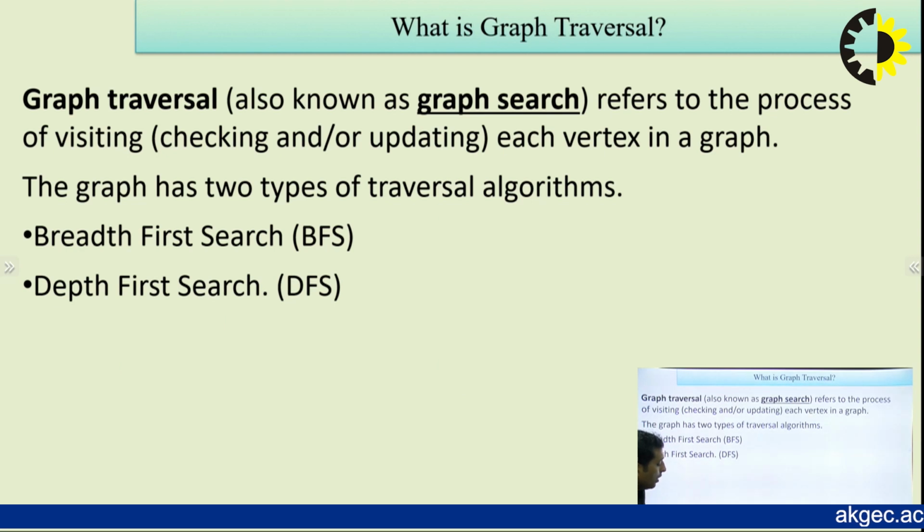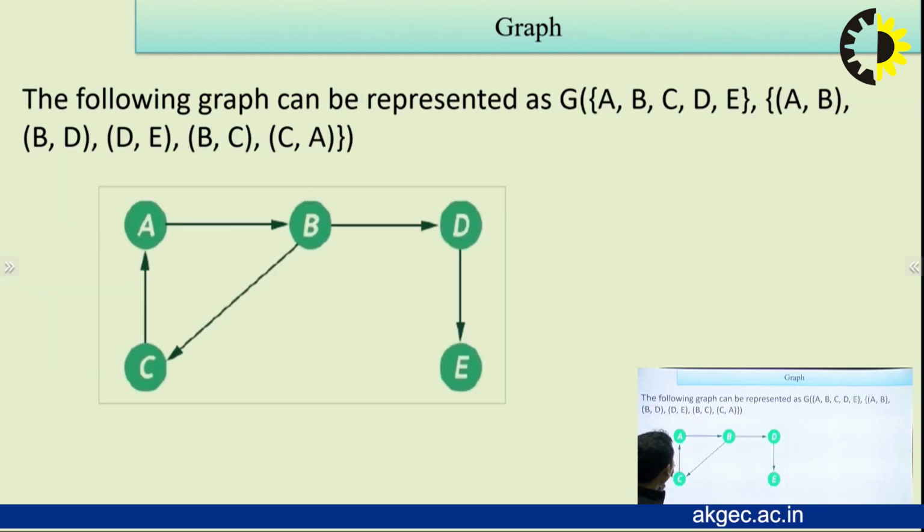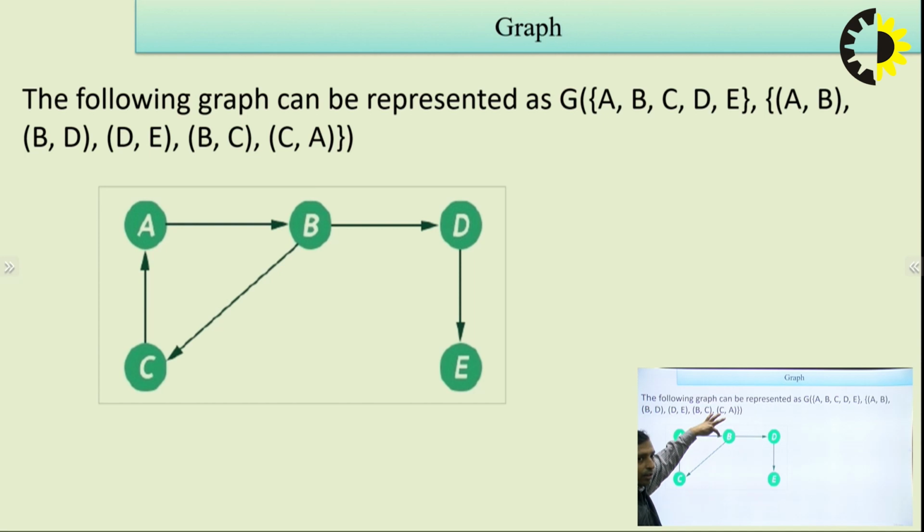As we know, this is a non-linear structure. If we are at node B, where do we go, either node C or node D? How do we decide?